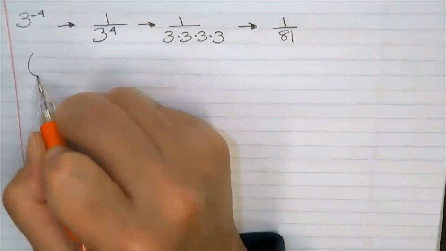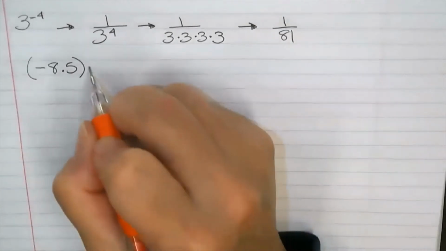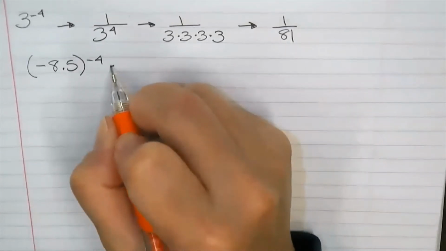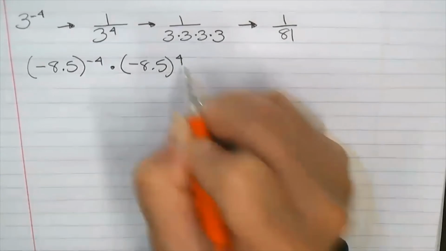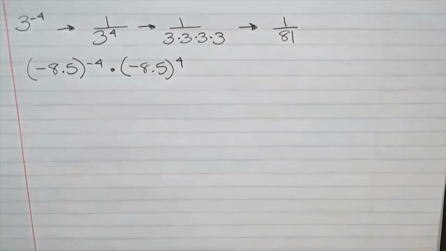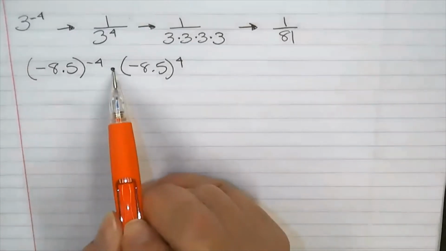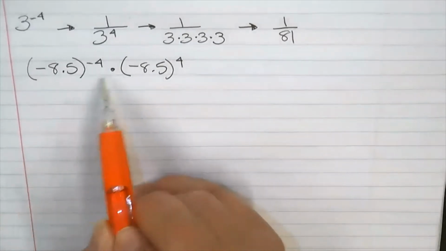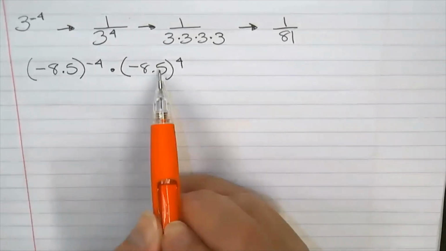And then the book likes to do stuff like this. Negative 8.5 to the negative 4th power times negative 8.5 to the positive 4th power. Now we did this a couple of days ago. We are multiplying and we have the same base, negative 8.5 and negative 8.5.